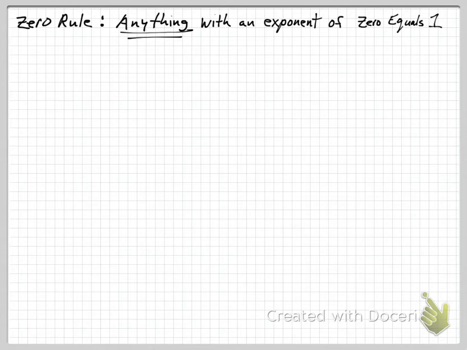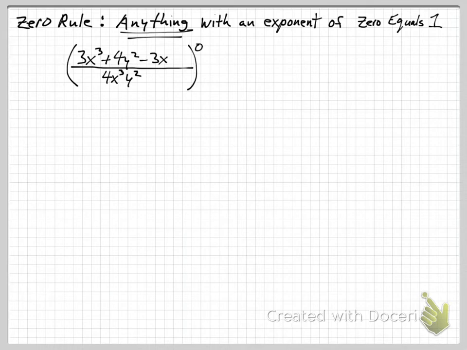Anything to the 0 power does not equal 0. That's a misconception. It equals 1. This is a favorite gotcha question for Algebra 1. We have all this stuff, and you think you've got to do all this really fancy simplification, and you're factoring.